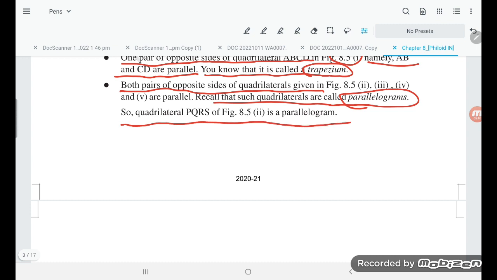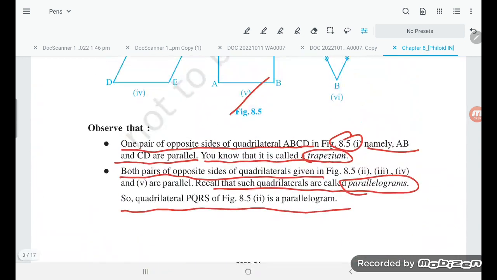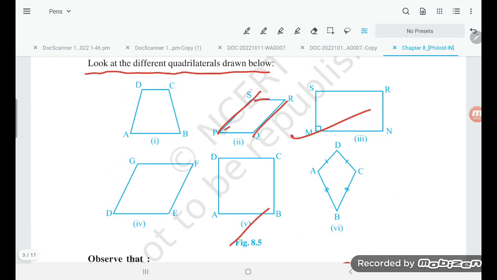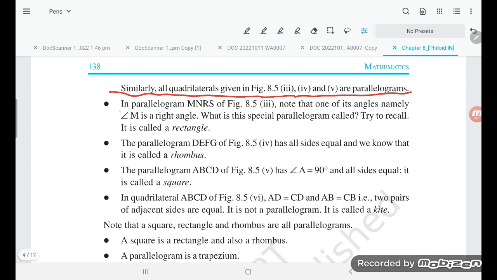Quadrilateral PQRS is a parallelogram. Similarly, all the quadrilaterals given in 3, 4, 5 are parallelograms. They are the parallelograms. In parallelogram MNRS (iii), note that one of its angles, namely angle M, is a right angle. This is a special parallelogram called a rectangle.